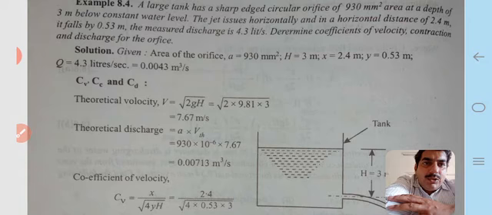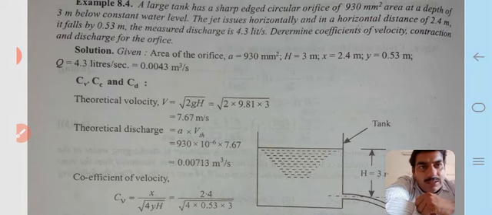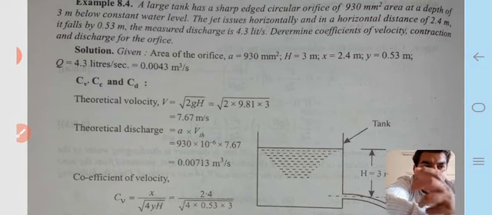The jet issues horizontally, and in a horizontal distance of 2.4 meter it falls by 0.53 meter. The measured discharge is 4.3 liters per second. Determine coefficients of velocity, contraction and discharge for the orifice.